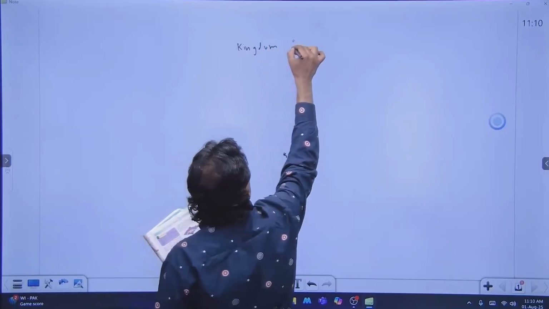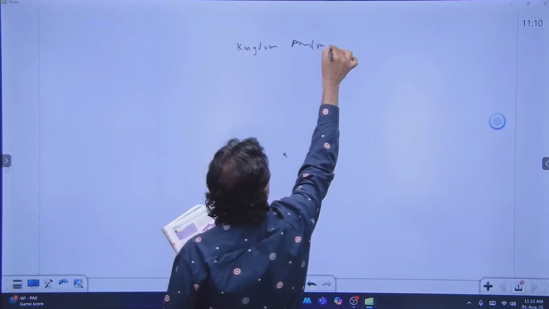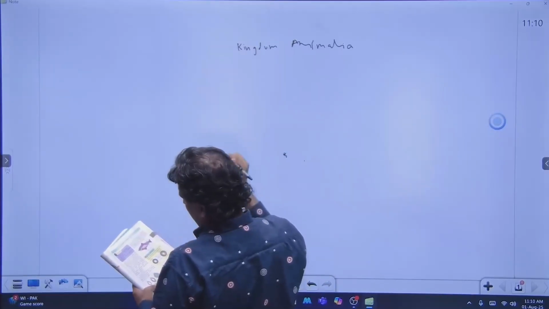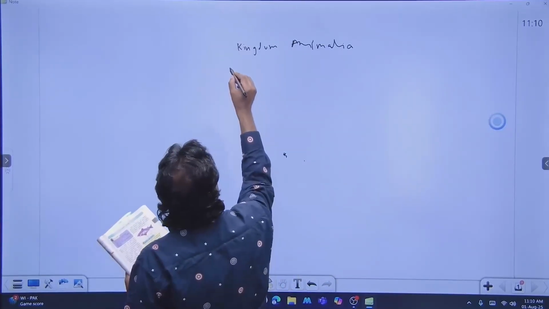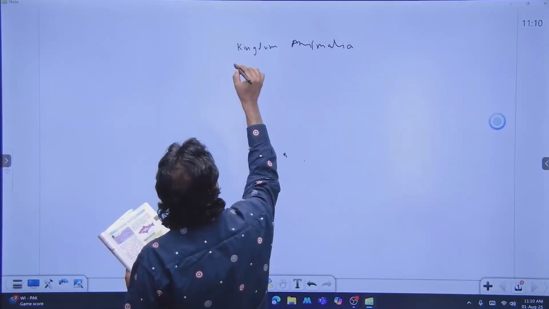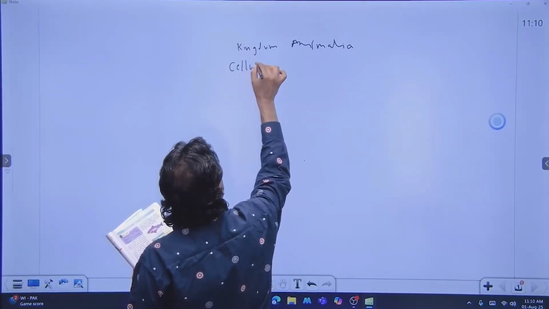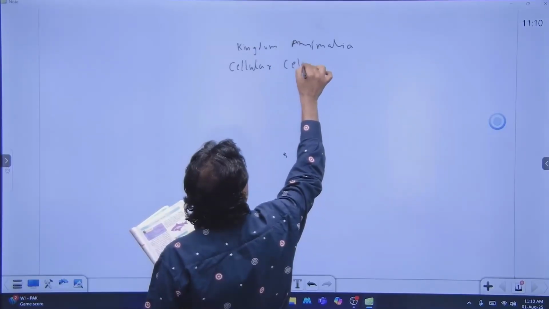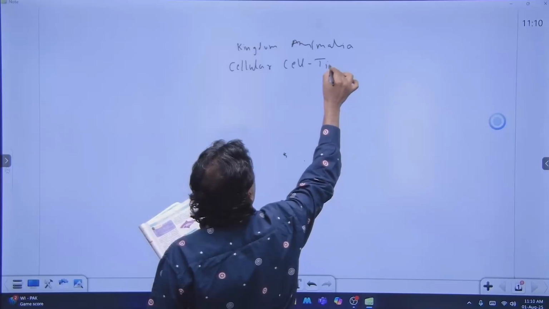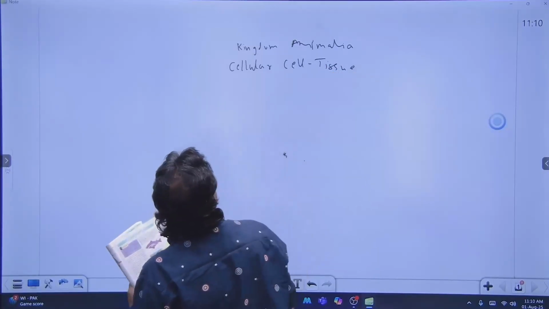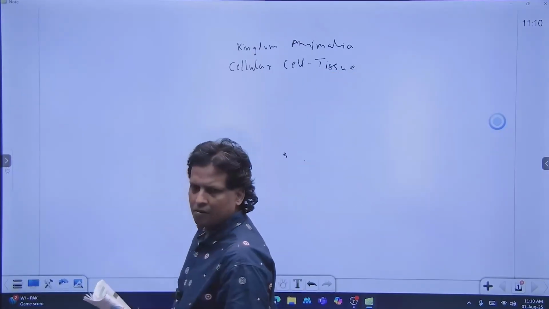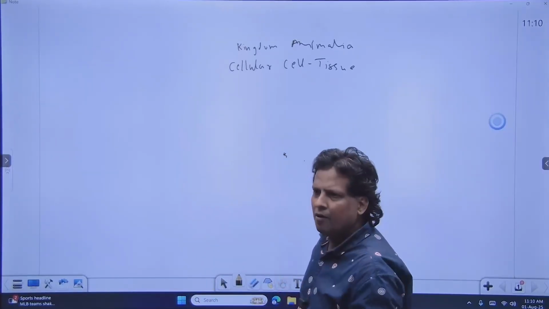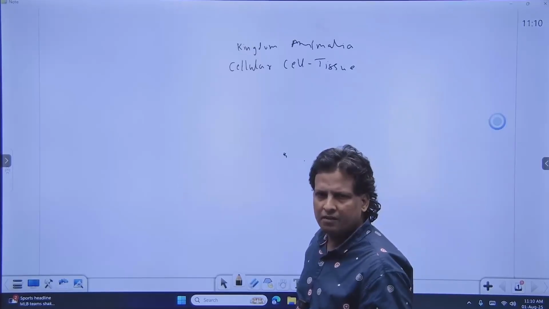Kingdom Animalia, chapter. If you want, you can note down this: cellular, cell, tissue. Everybody make a different book for everything.